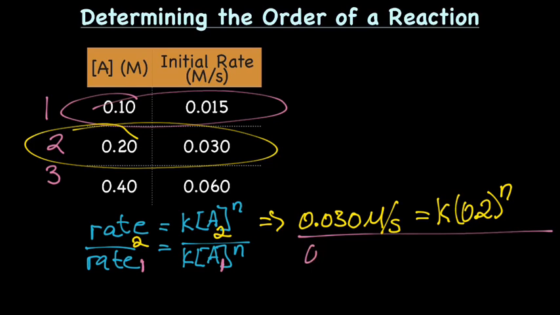Our rate is 0.015, K we don't know, and our concentration is 0.10. Oops, I forgot to put my units in here.